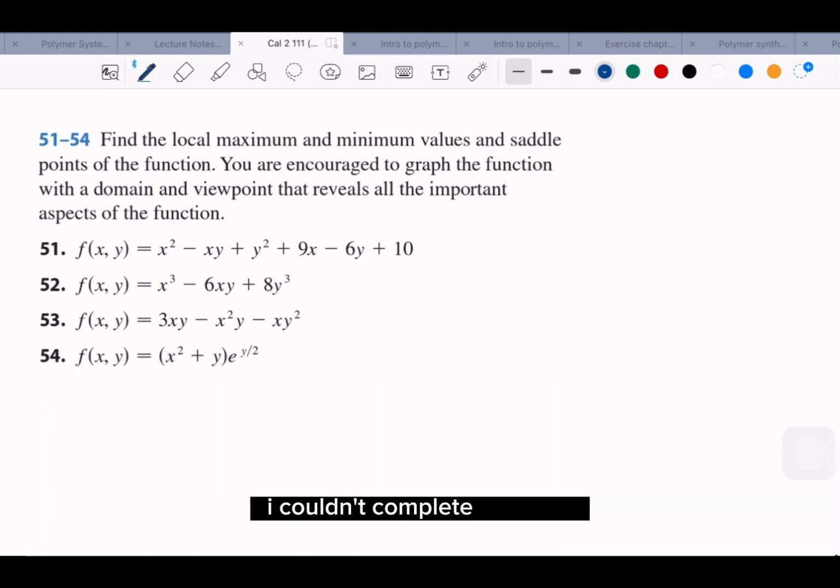Maybe I couldn't complete all of them today, maybe one. Which one do you want to solve? The rest, I think you can solve by yourself as exercise. How about 1, 2, 3, 4? 4. Okay, it's this one. Okay, let's try.